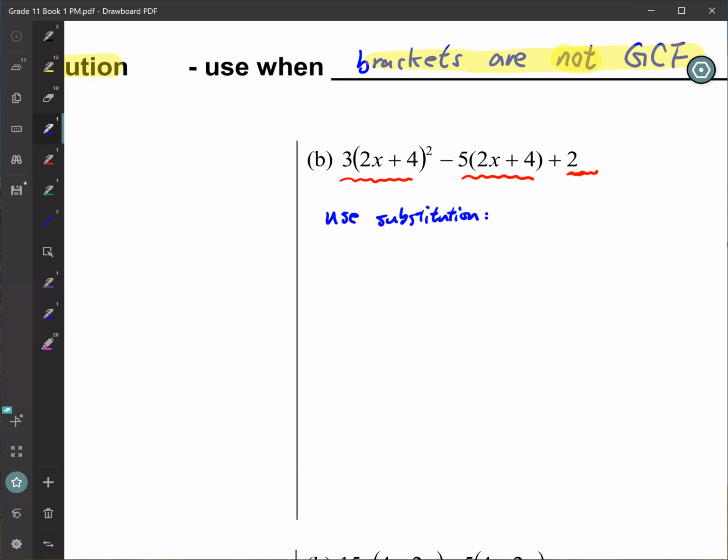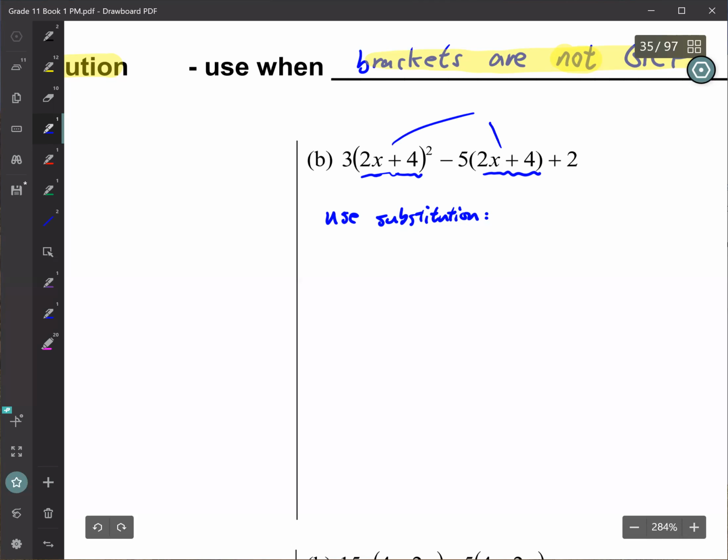So let's write it down. The 2x plus 4. Let me erase this first. This bracket, they are not GCF.